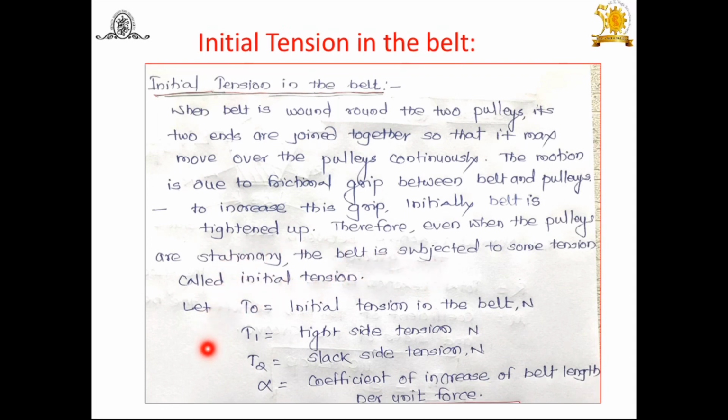Now, what is the magnitude of this initial tension that we are going to find out? Let T0 be the initial tension in the belt, T1 the tight side tension, T2 the slack side tension, and alpha the coefficient of increase of length per unit force.